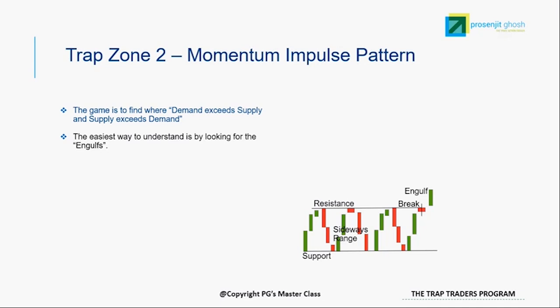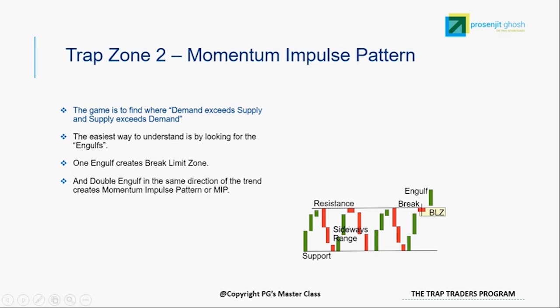So it is a break limit zone. We know that. So one engulf creates a break limit zone. Why? Because there is only one engulf and this is the engulf of one resistance.